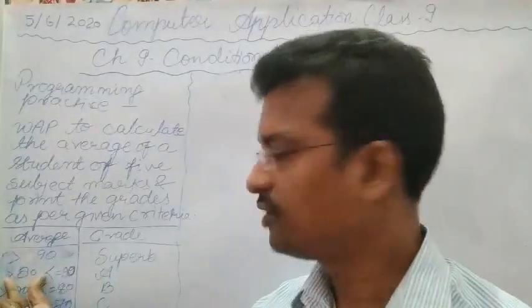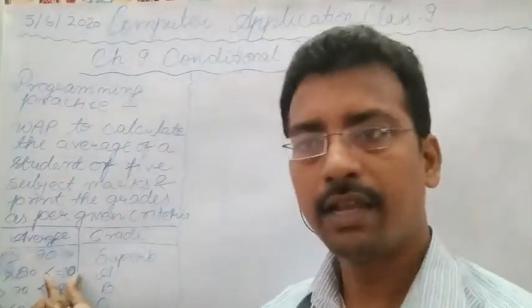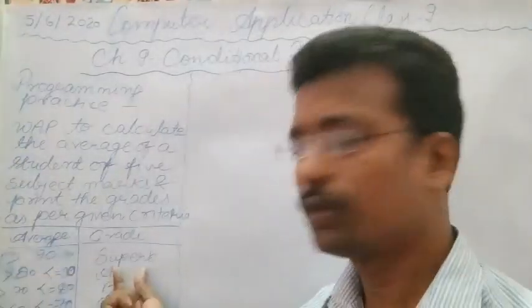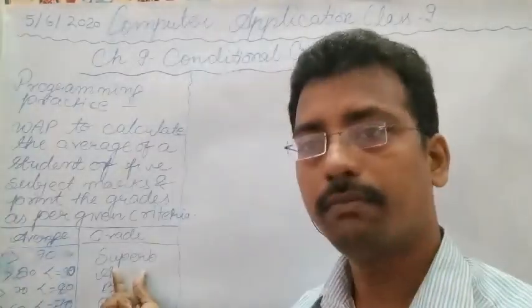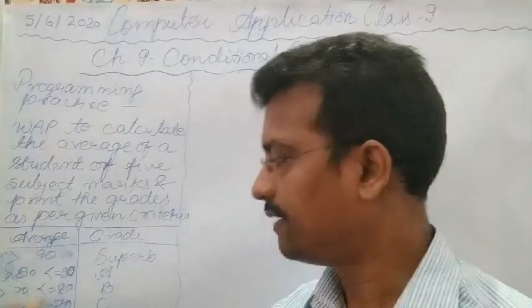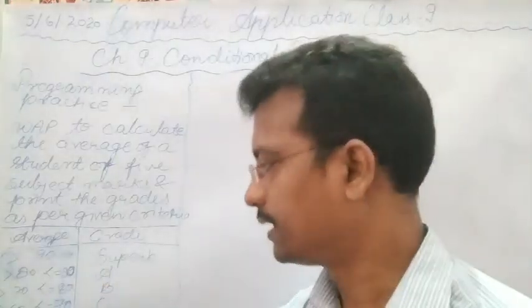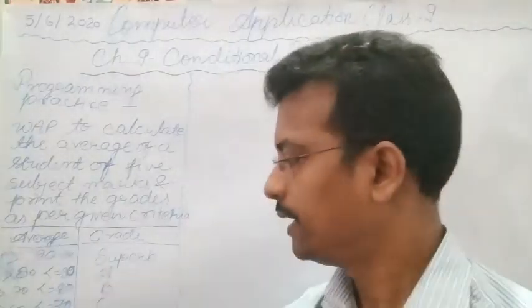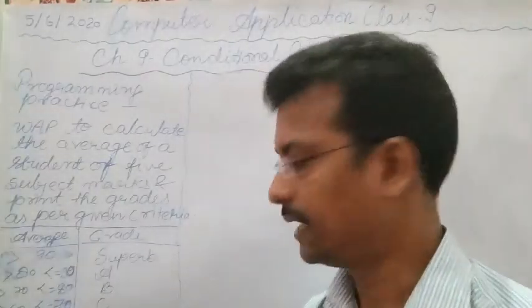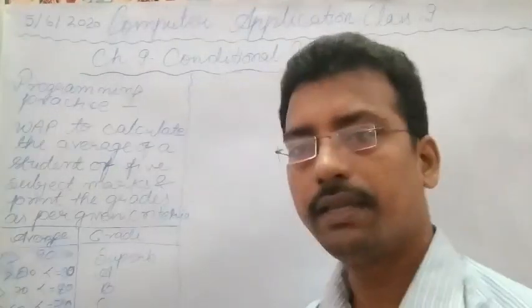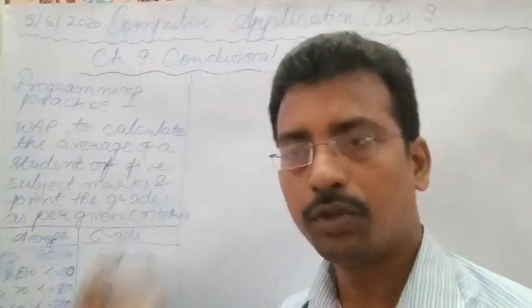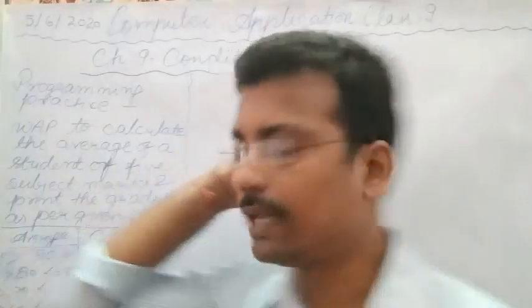If average is more than 80 and less than or equal to 90, A grade; 70 to 80, B grade; 60 to 70, C grade; 50 to 60, D grade; and less than 50 is fail.